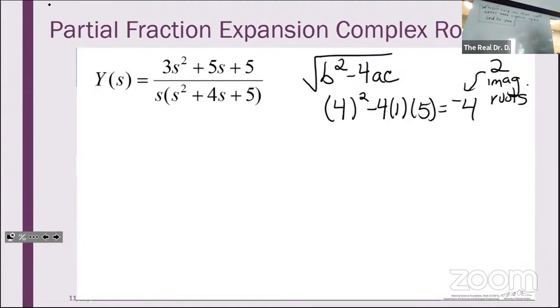Processes which have imaginary roots are systems or processes which will oscillate in nature. From a mathematical standpoint, that represents the appearance of cosines and sines in our final solution. There are some processes such as swings and pendulums which naturally have this. However, most chemical processes do not have imaginary roots.